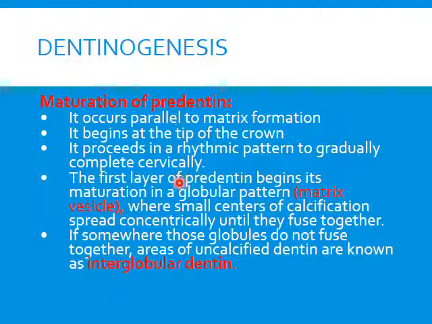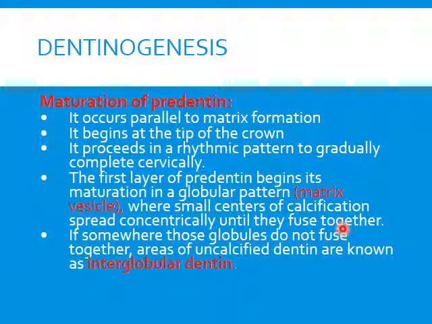The first layer of predentin begins its maturation or mineralization in a globular pattern by matrix vesicles. As we said, the matrix vesicle is the budding present in the cell membrane of odontoblasts, containing hydroxyapatite crystals and alkaline phosphatase, where small centers of calcification spread constantly until they fuse together.